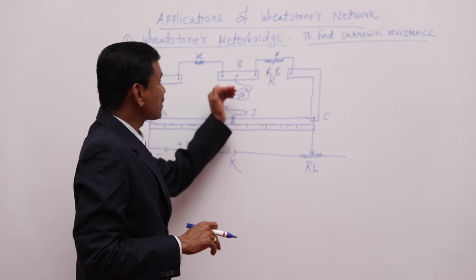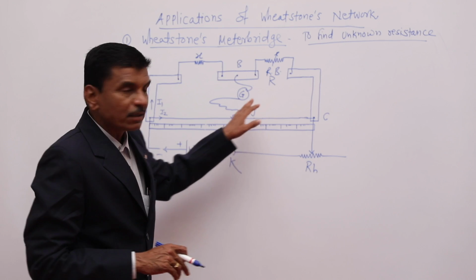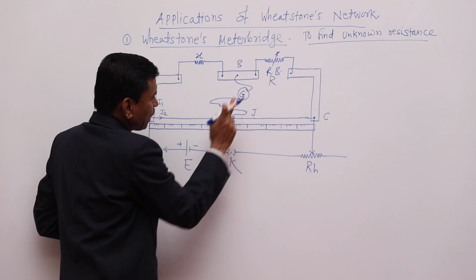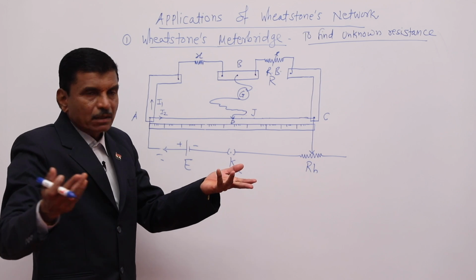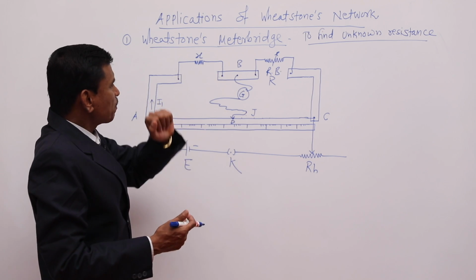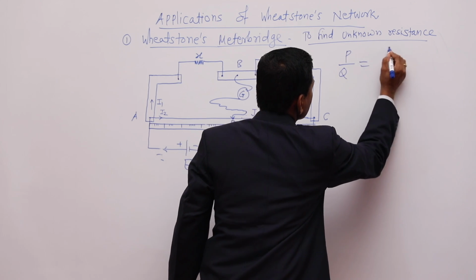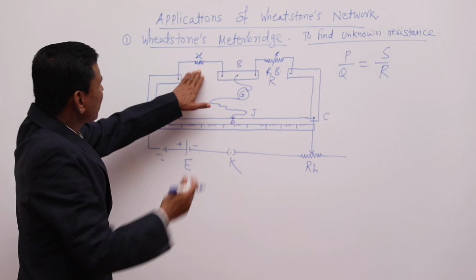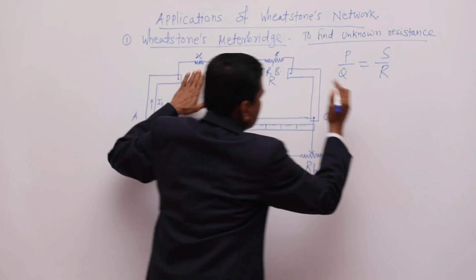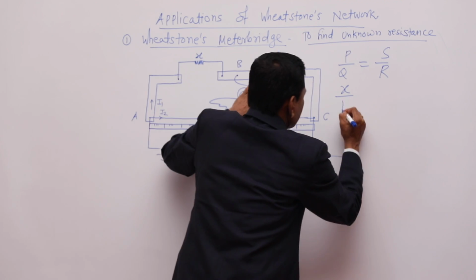But the network is balanced because the galvanometer is showing zero deflection. There is no current in the galvanometer, so the potential of point B and the potential of point D are equal. So as the network is balanced, what is the balancing condition for the Wheatstone network? P upon Q is equal to S upon R. Similarly here, the left side upper resistance X, the right side resistance R.